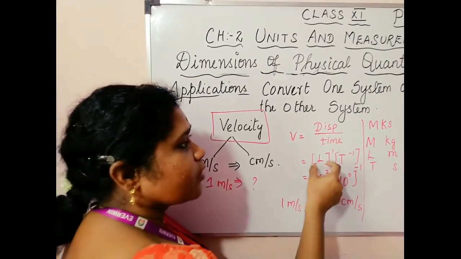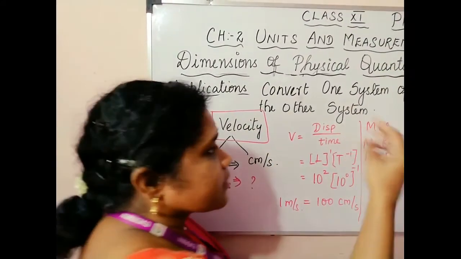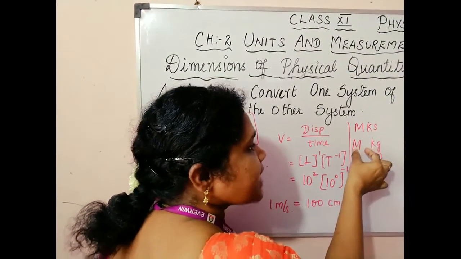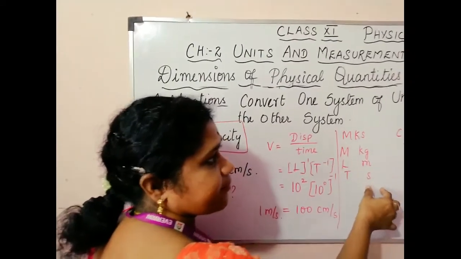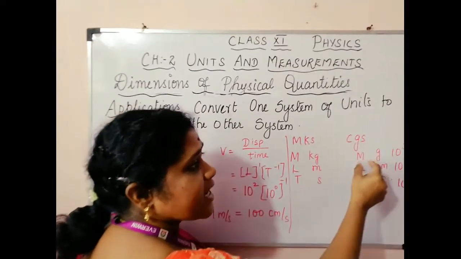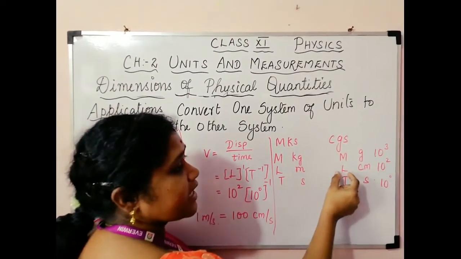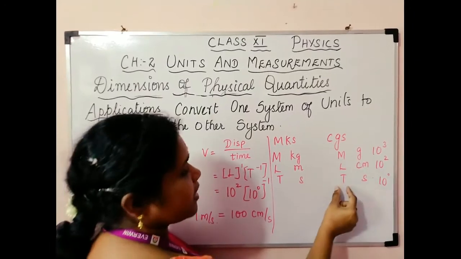Now we are going to convert into the CGS system. In the MKS system, mass is in kilogram, length is in meter, time is in second. But in the CGS system, mass is in gram, length is in centimeter, time is in second.